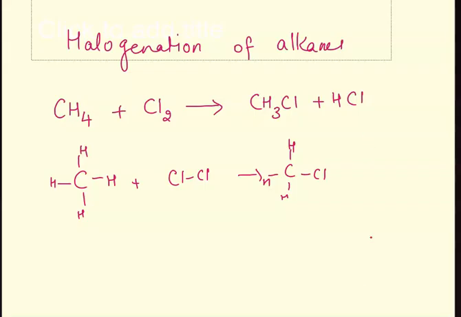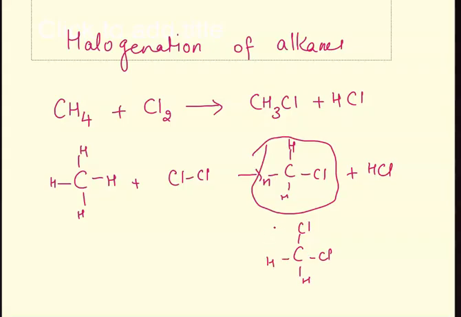This reaction is actually not very useful because generally it does not stop at the formation of one product. This reaction can continue where every hydrogen atom in the methane can be replaced by chlorine. So in addition to this product, we can also get a product where two of the hydrogen atoms are replaced and you get dichloromethane, or you can have three of the hydrogens replaced with chlorine, and that gives you what is called chloroform, CHCl3.